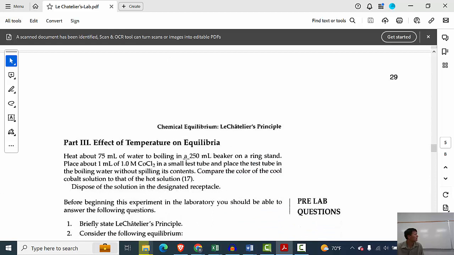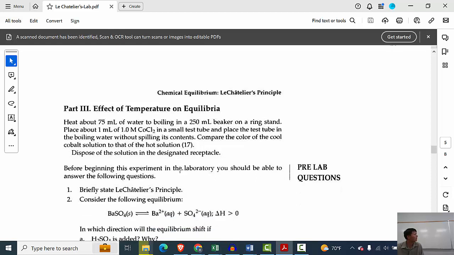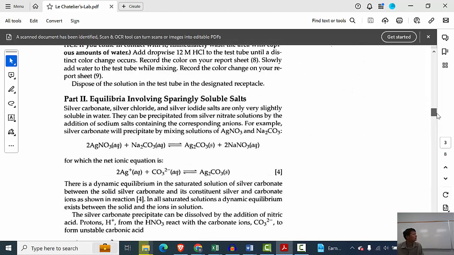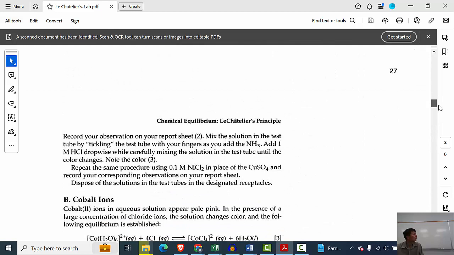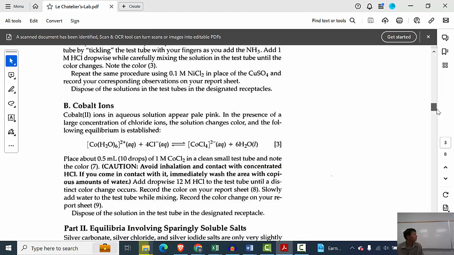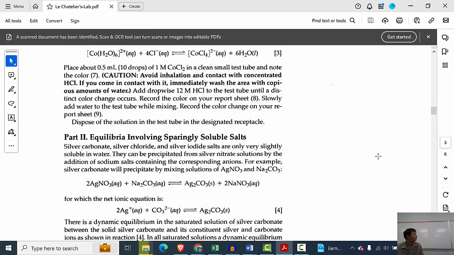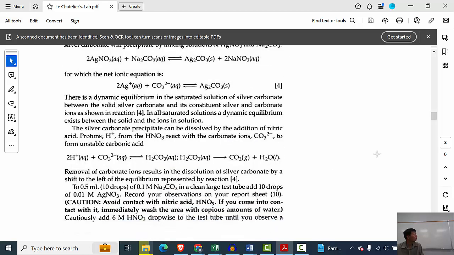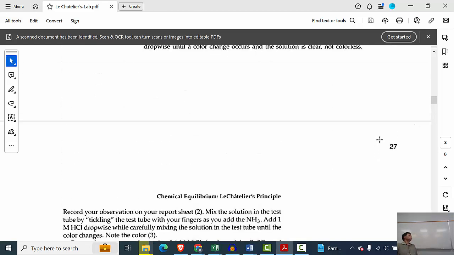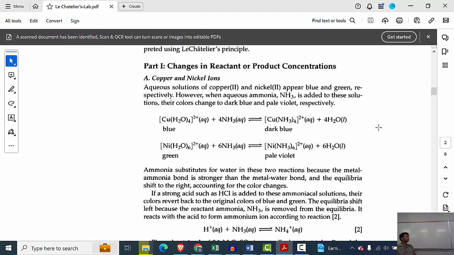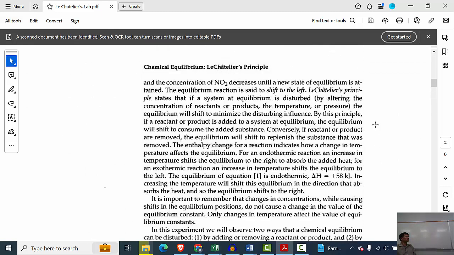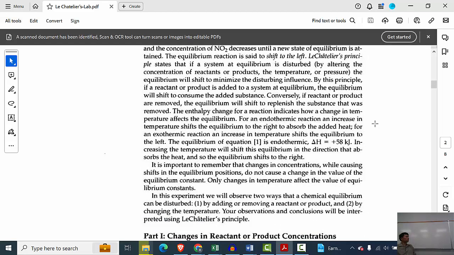17 is the temperature. Compare the color and cool the solution. So temperature is going to impact the equilibrium as well, but temperature does it differently.